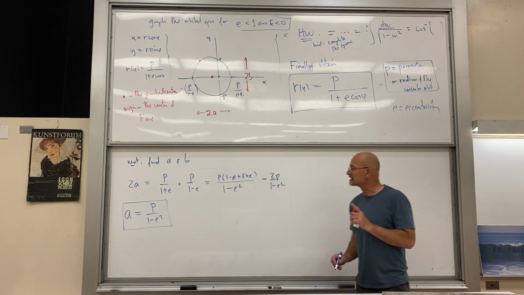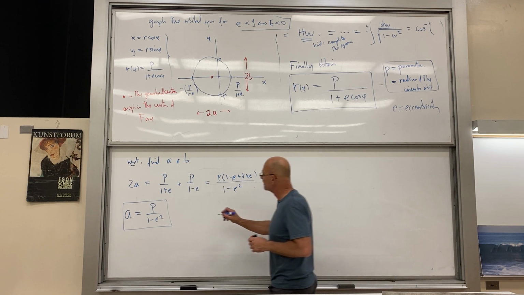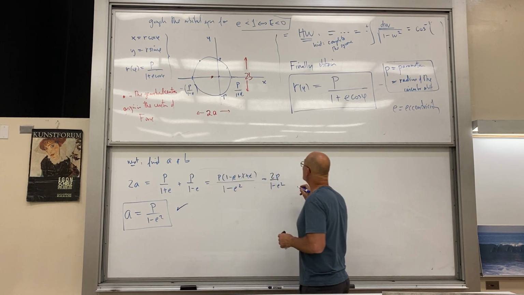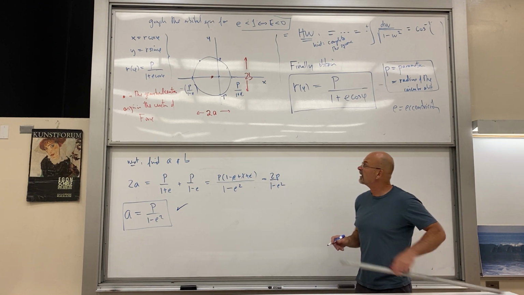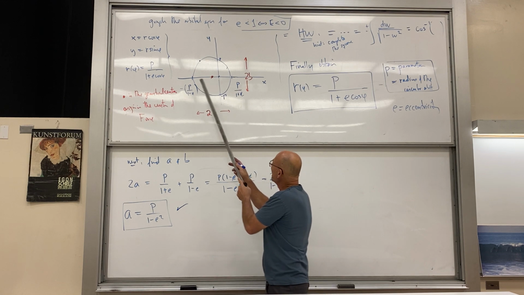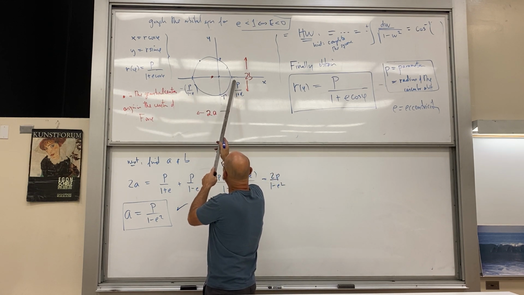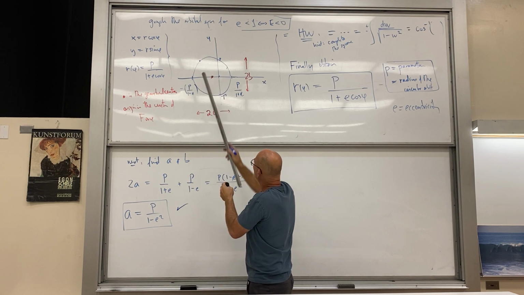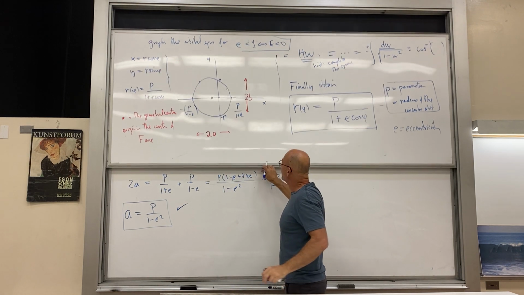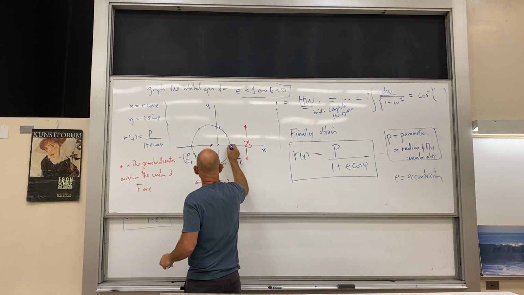Now, B is a little trickier. So A we have. To find B, we have to do the following. We have to take R of phi and find the angle at which we have that star there. So we have to find this angle here.